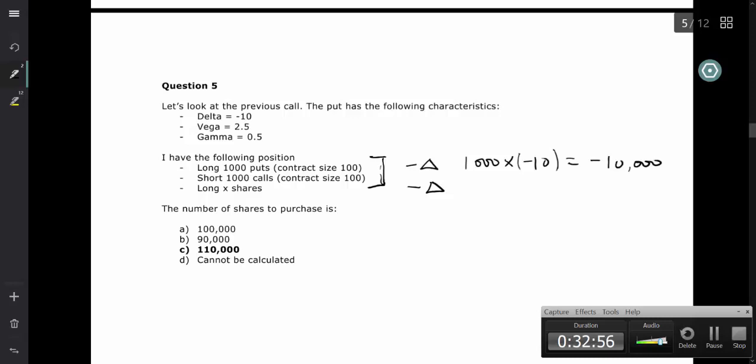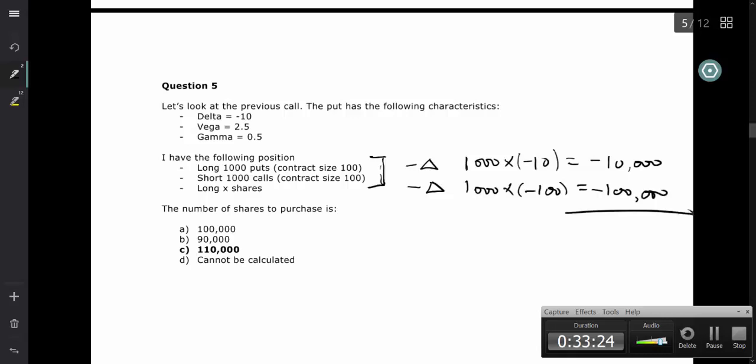Now for the call option, and here's the twist. Since this call is exercisable and it will be exercised early, the delta of that is actually 100, or minus 100 as it were, so that makes it minus 100,000.